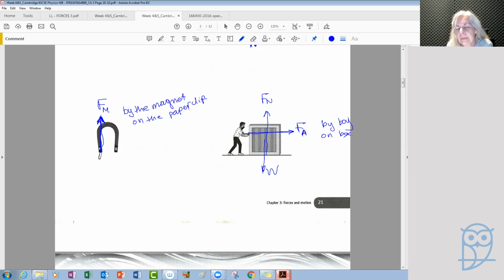And since the boy pushes the box on the right-hand side, obviously there is a frictional force between the box and the floor and the ground, which opposes the motion. It's in this direction. In other words, let's call it F friction. And usually these are the forces that would act under normal circumstances on this box.